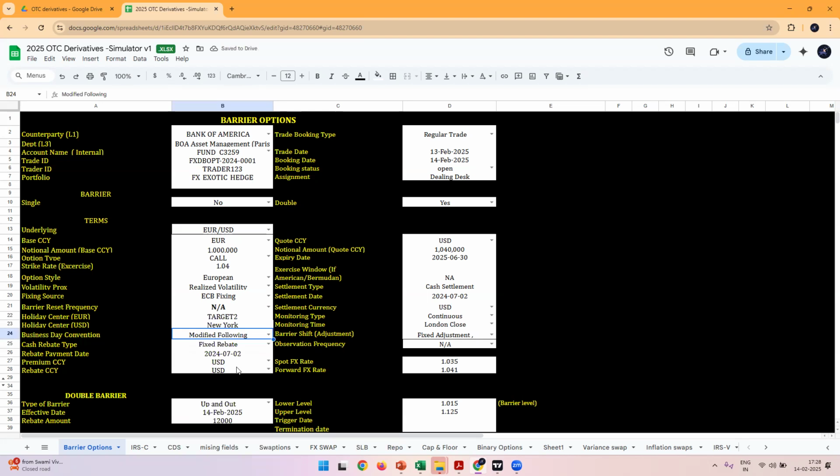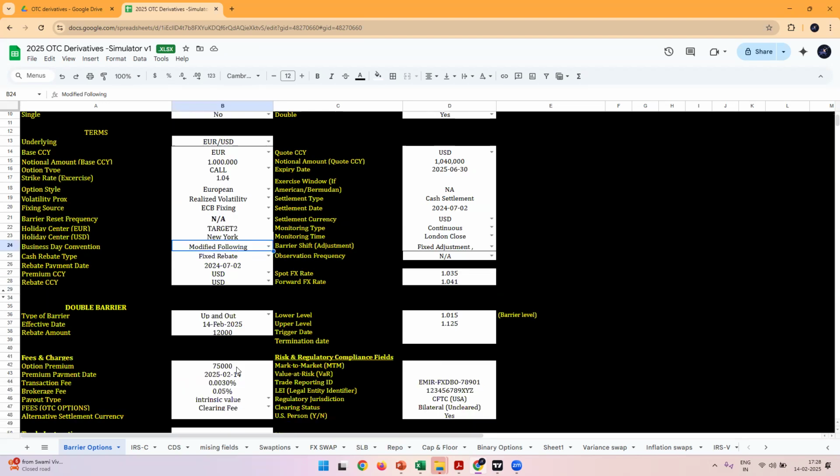Now, remember I told you that all options may not have a rebate. That is, what if the upper barrier or lower barrier is breached by the Euro USD? So here you can see, sorry, the lower barrier here is 1.015 and the upper barrier is 1.12.